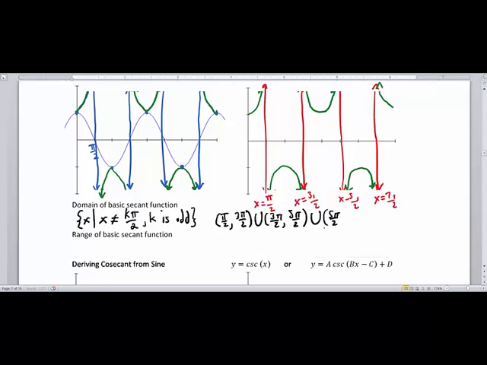Now at this moment I'm thinking, wait, wouldn't I be doing this forever and ever in both directions? And I would. So this is why I don't like interval notation for my basic secant function, because my interval notation couldn't do this very easily. So let's now talk about the set notation for the basic secant function.